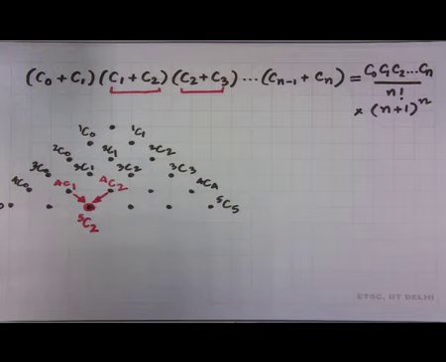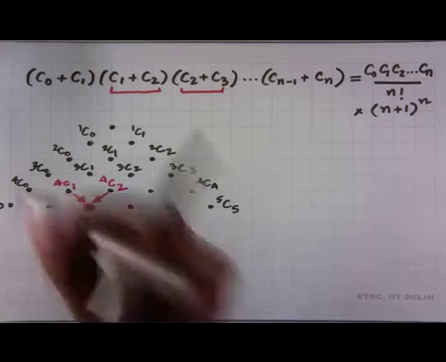Okay. So, in that case, can you tell me what is C 0 plus C 1? Now, we are talking about n C 0.